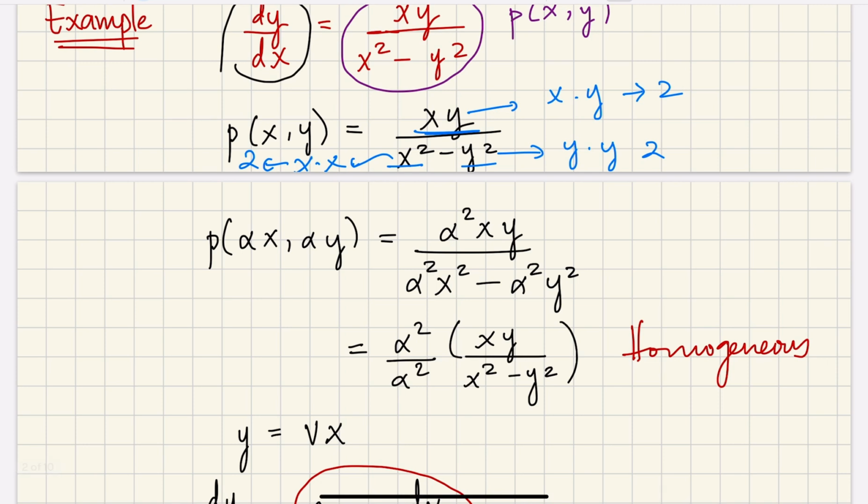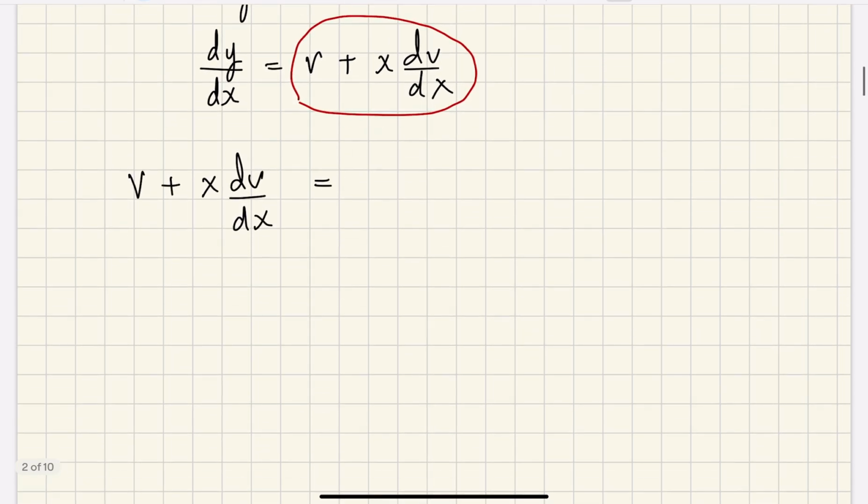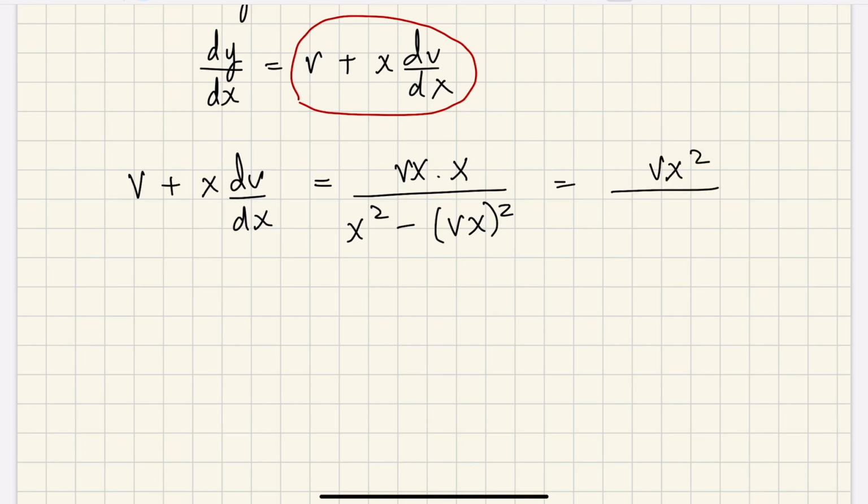and here I'm going to substitute vx for every y. Then I get, then this is equal to vx squared divided by x squared minus v squared x squared.